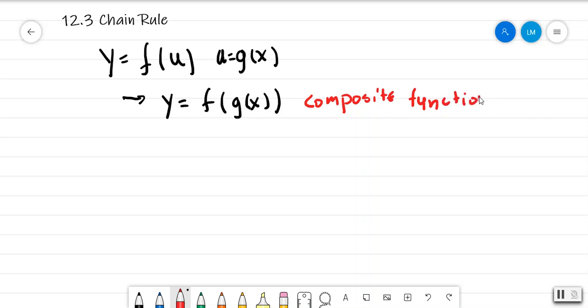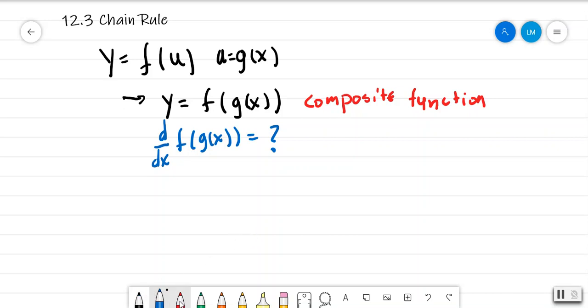Now the question becomes, if we wanted to know what the derivative of the composite function happens to be, that leaves us with a big question: just how exactly do you find the derivative of a composite function?